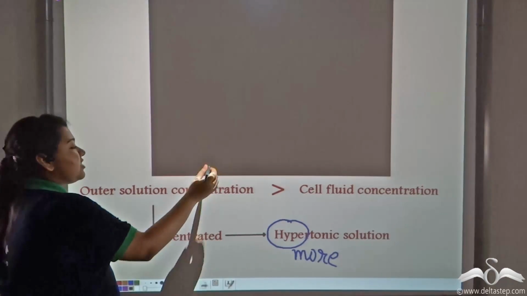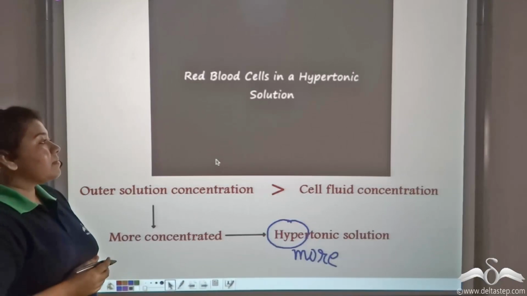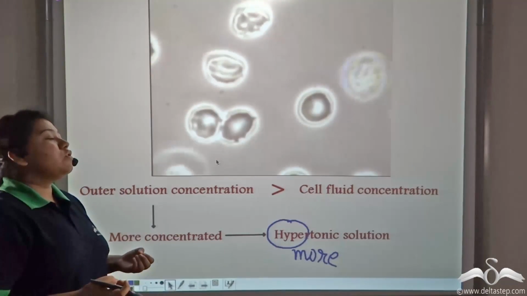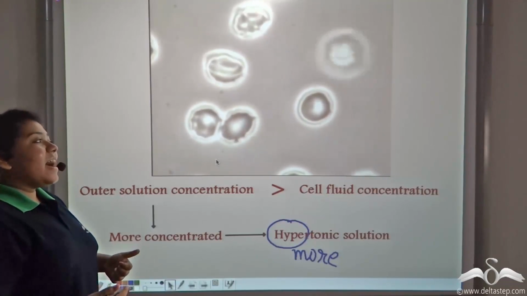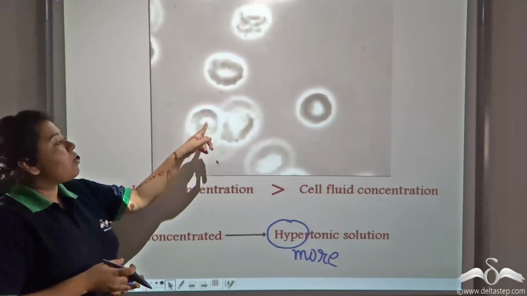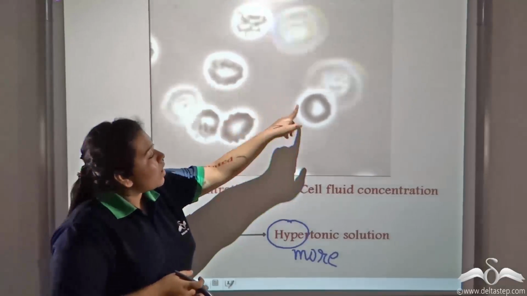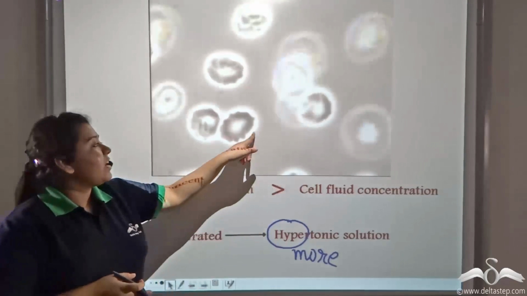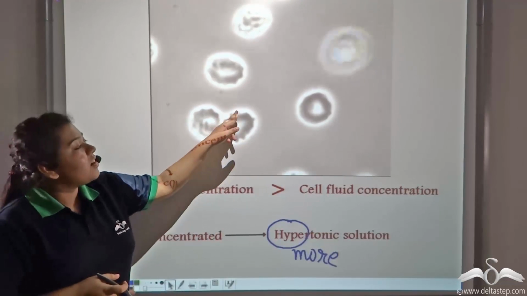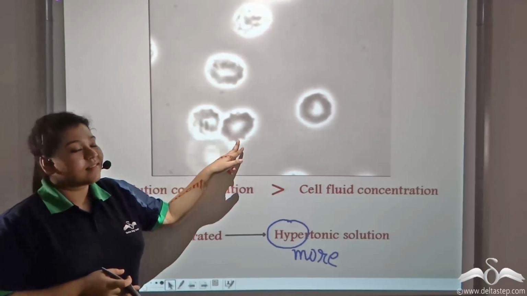So in this condition, the cells contain more water than the outside. So water travels from the cell to outside, and that is why it becomes dehydrated and has a shrunken appearance.